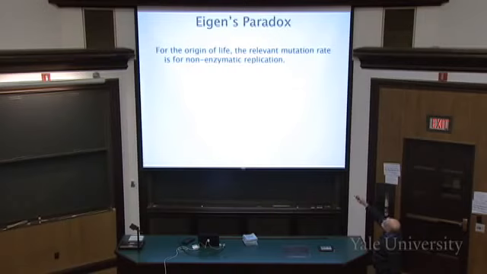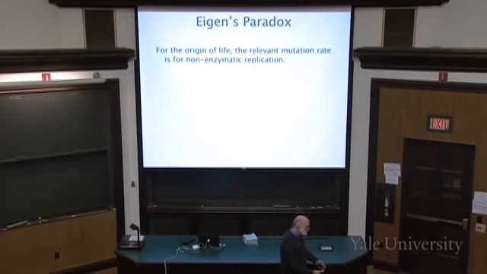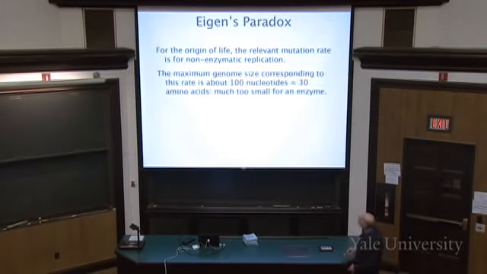So Manfred Eigen, he's a German guy who got a Nobel Prize for his work in biochemistry, was thinking about the origin of life, and he said, well, the relevant mutation rate is non-enzymatic replication. We're going to be making copies of molecules, and at the origin there aren't any enzymes anymore. Okay? Enzymes are things that are produced by living systems. We don't have them. We have to imagine ourselves back into the situation where we don't have enzymes, but we want replication.